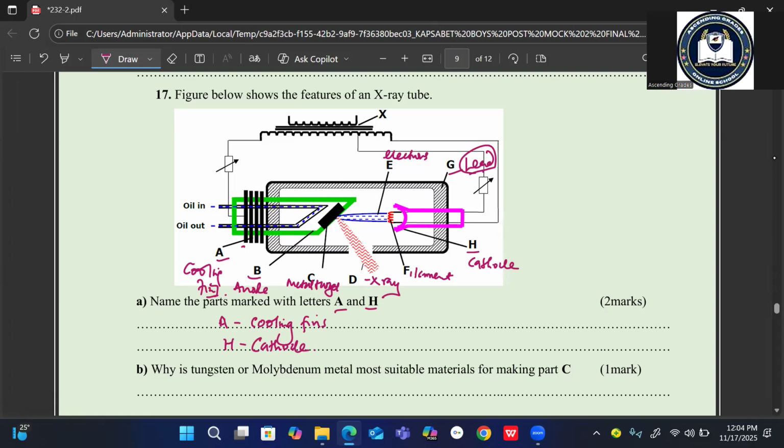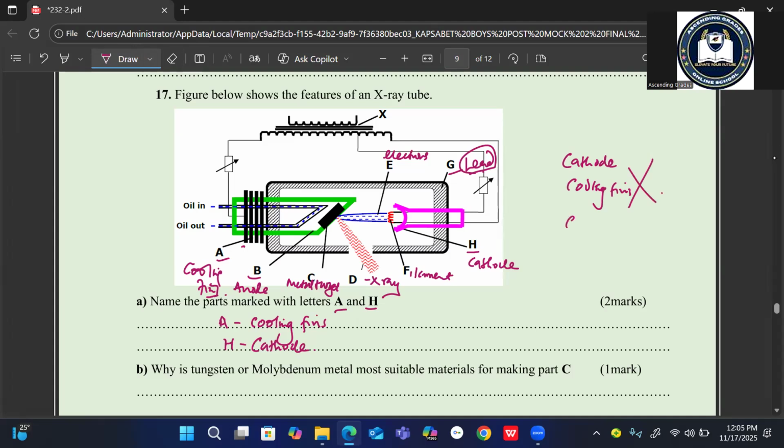Let me warn you, if you write your answer as cathode, and then cooling fins, without specifying which is A or H, then you get it wrong.